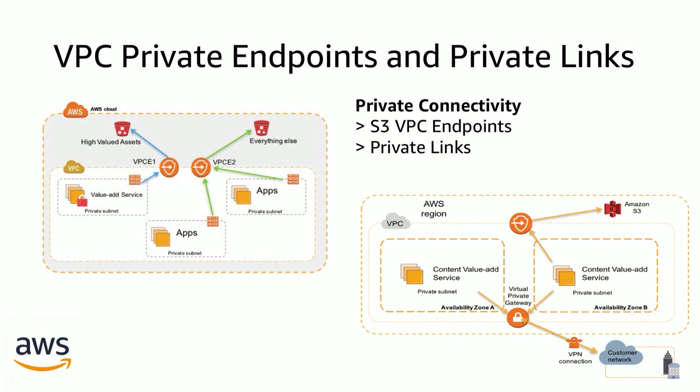Same goes for, let's say you have resources in S3 that are your tier 1 assets. Now you can lock it down such that the only way to access those assets is through VPN or through DX.